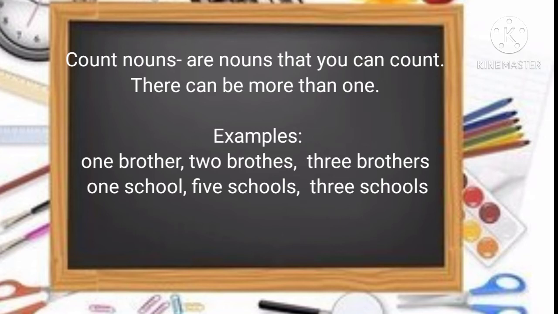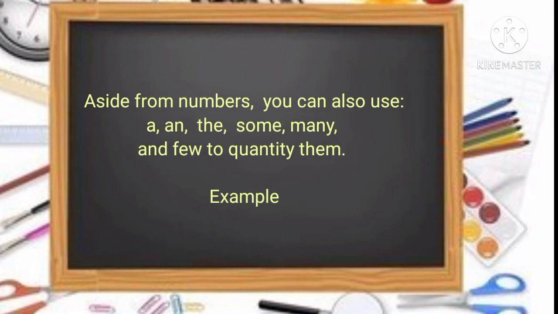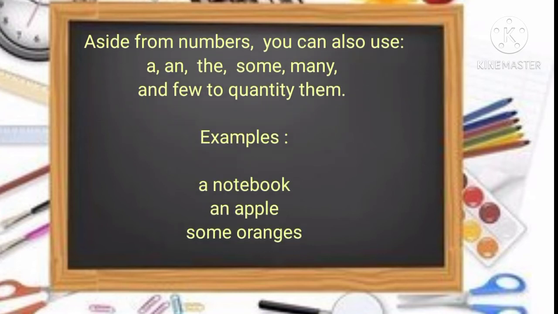One school, five schools, three schools. Aside from numbers, you can also use a, an, some, many, and few to quantify them. Examples: a notebook, an apple, some oranges, and few pupils.